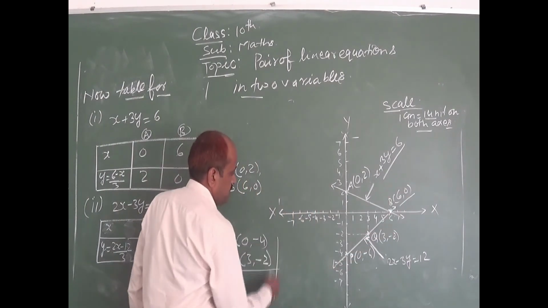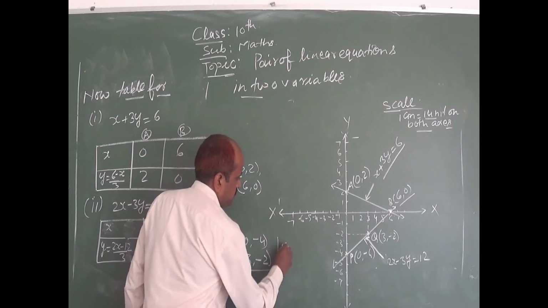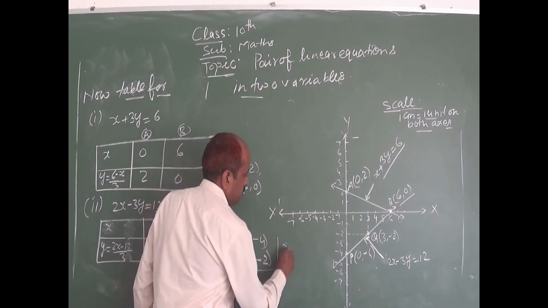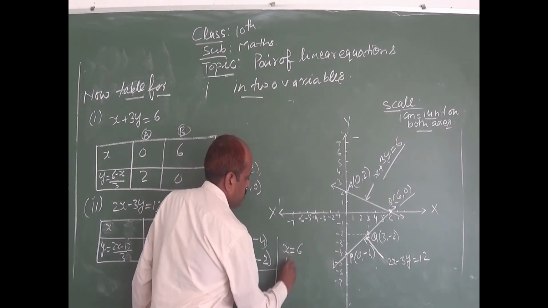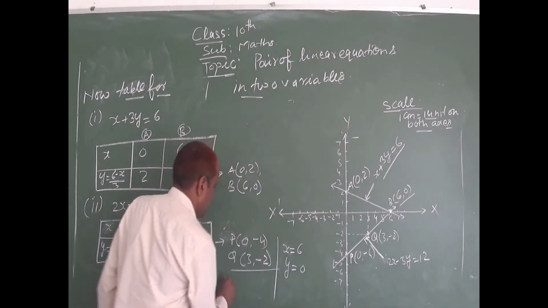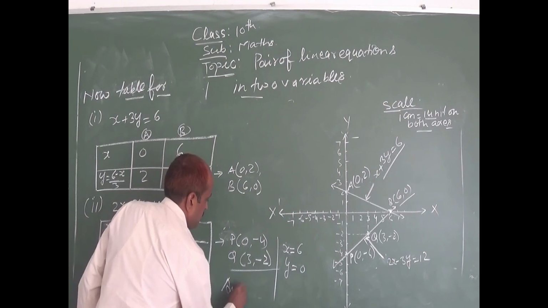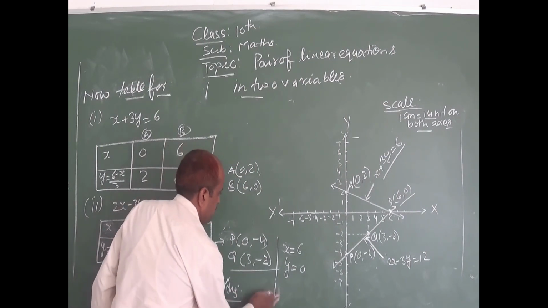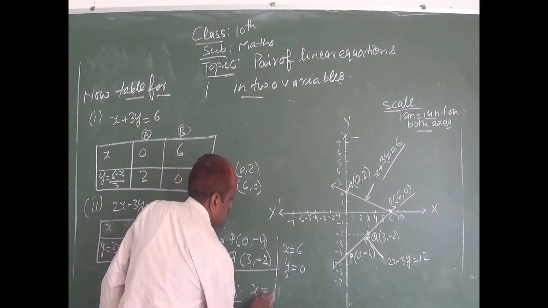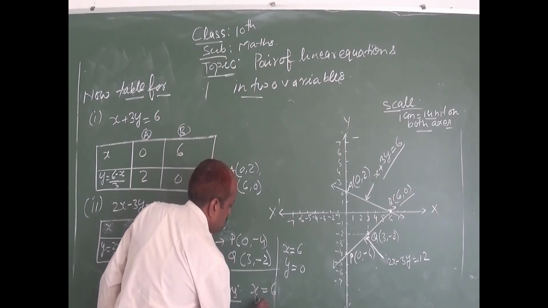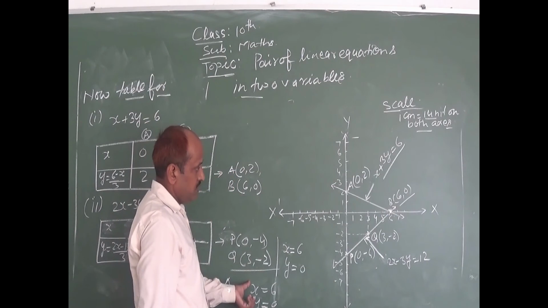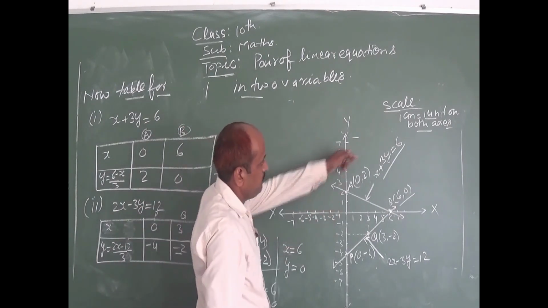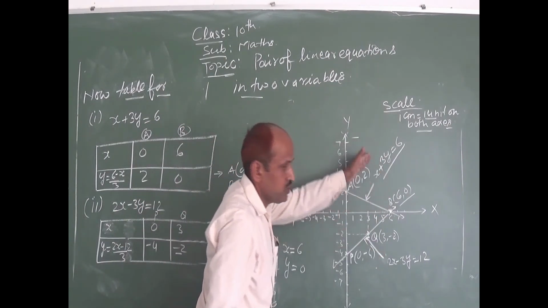So the solution is x is equal to 6 and y is equal to 0. So your answer is x is equal to 6 and y is equal to 0. This is the solution of the pair of linear equations.